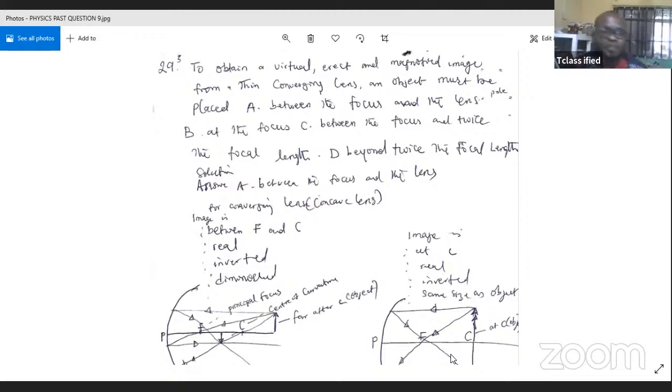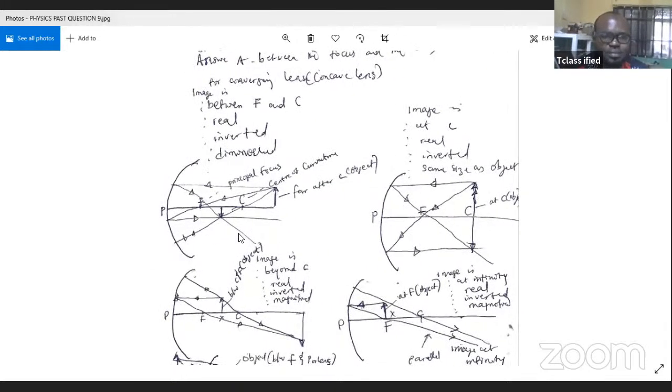So we're going to draw the possible cases. This is the first case, and in this case, the object is placed after C. So what kind of image does an object placed beyond C produce?